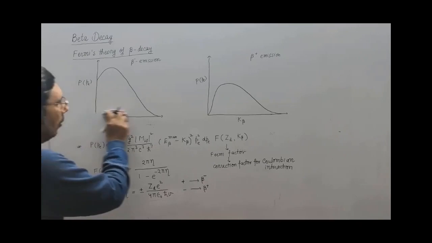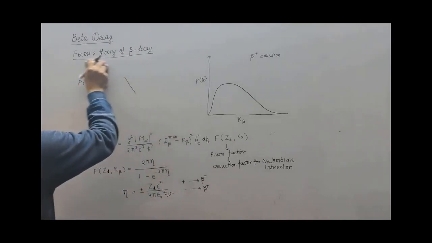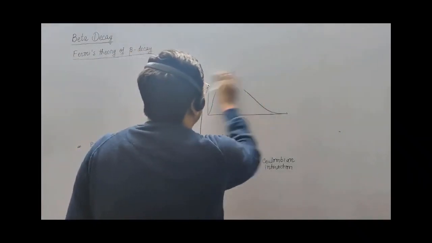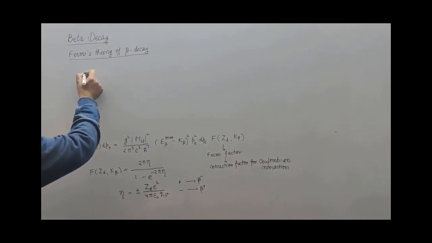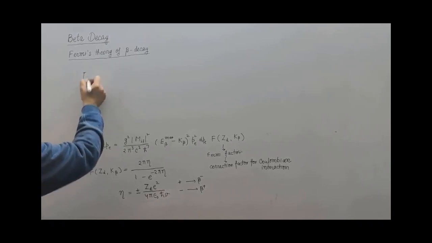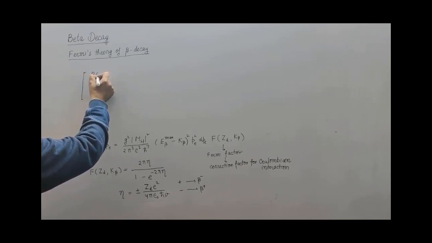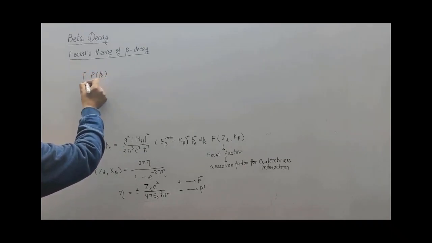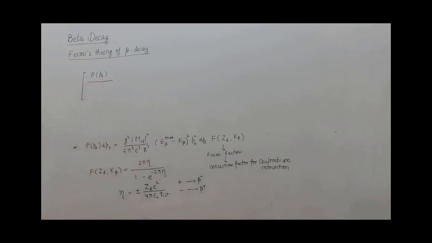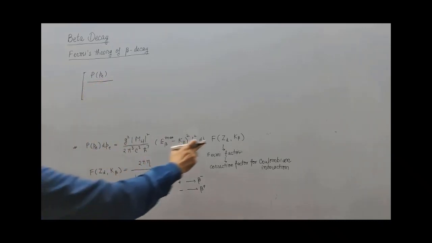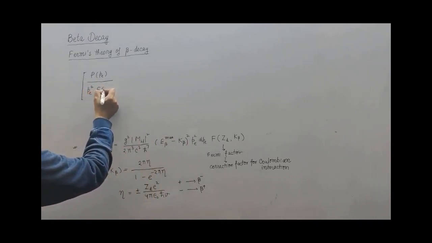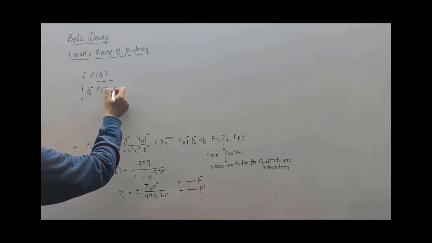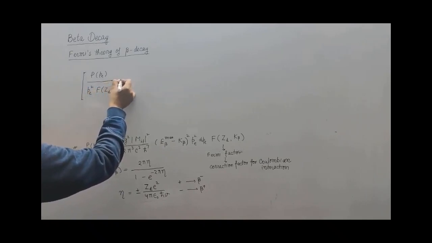From this expression, they have obtained one more graph: the square root of this P(E), divided by this P(E) square and this correction factor F(Z, E beta), K beta, and square root of this.